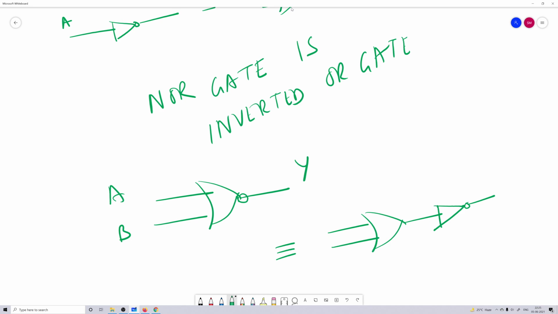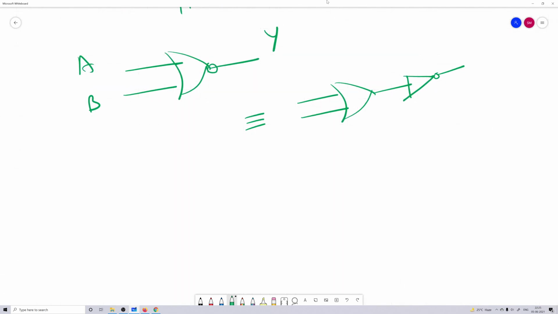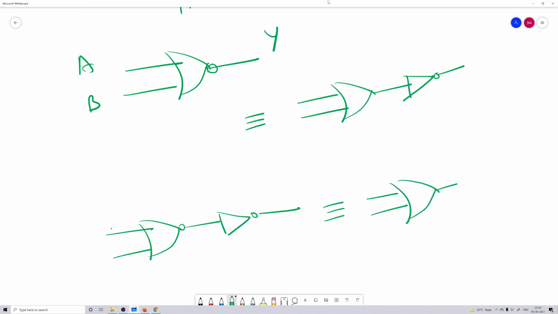Okay. So if we put another inverter after the NOR gate, then it will be like this. This would effectively be 2 inverters after the OR gate, and the 2 inverters will cancel each other, and we will be left with an OR gate.